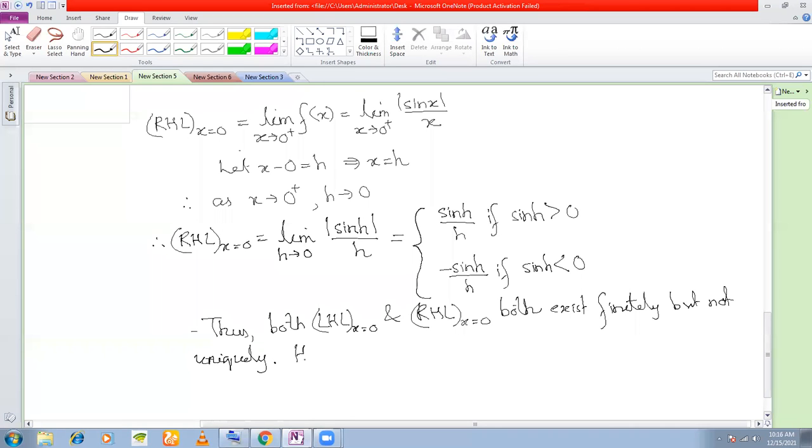Hence we say the limit as x tends to 0 of mod sin x by x does not exist, and that is proved. So that finishes the first part of your exercise.